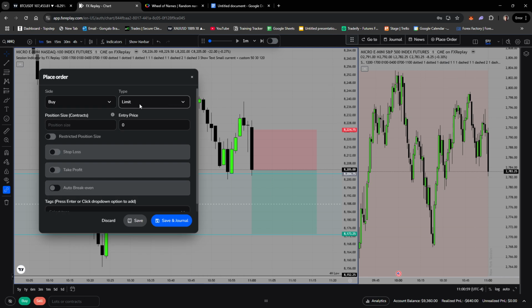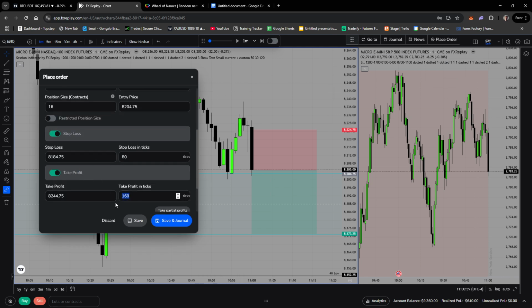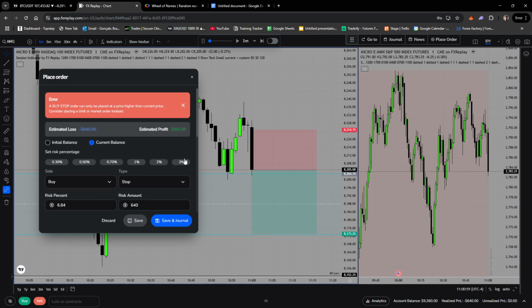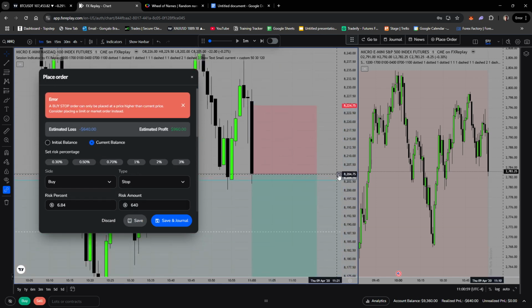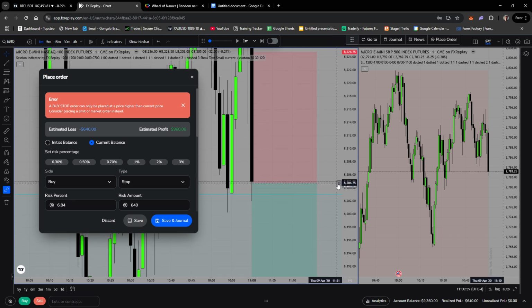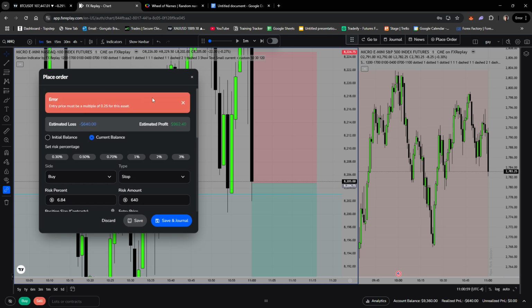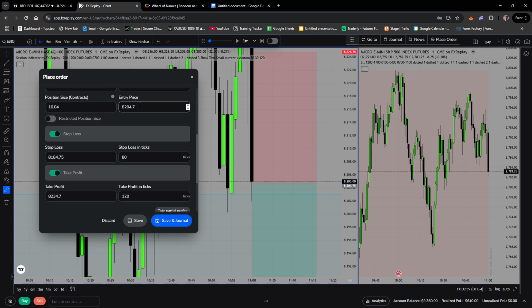Go. So we want a sell stop. 1 to 1.5, we're trading continuation model, right? Order flow is bearish. Entry must be a multiple of 2.5.